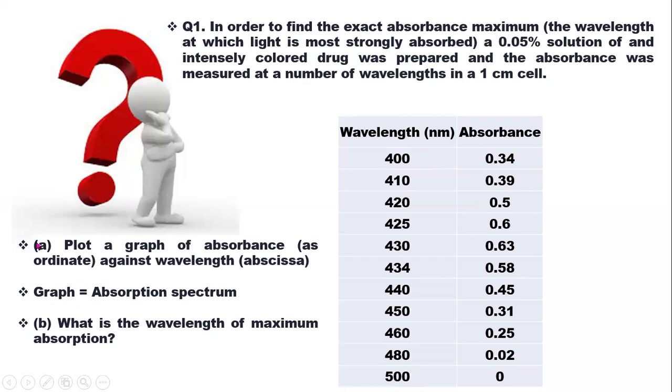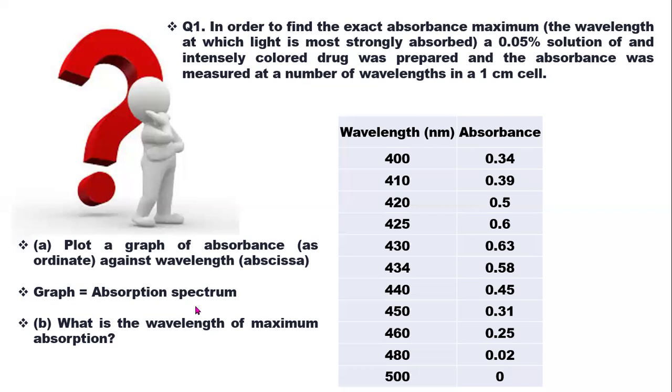What you are going to do here is plot a graph of absorbance as ordinate, the y-axis, against the wavelength, the abscissa, the x-axis. This graph is called the absorption spectrum. We define it as a graph of absorbance against wavelength.